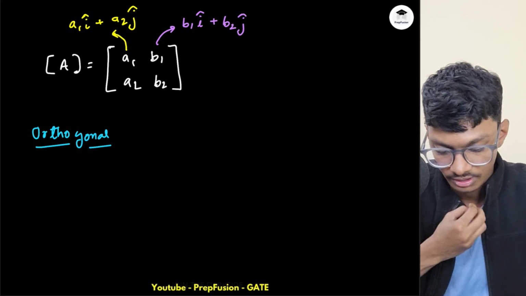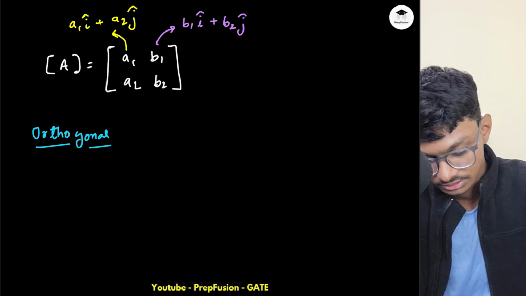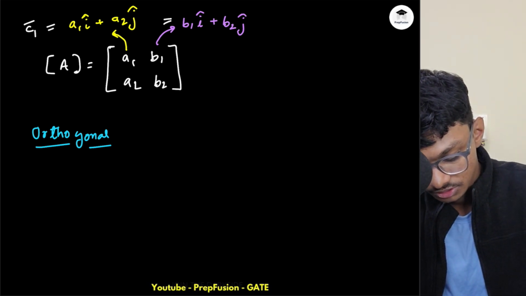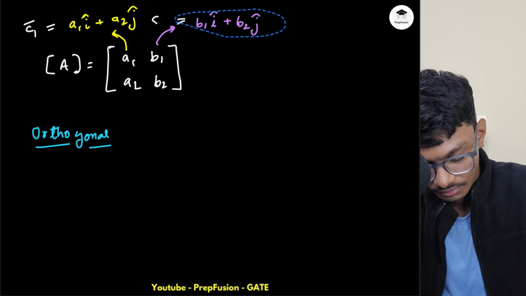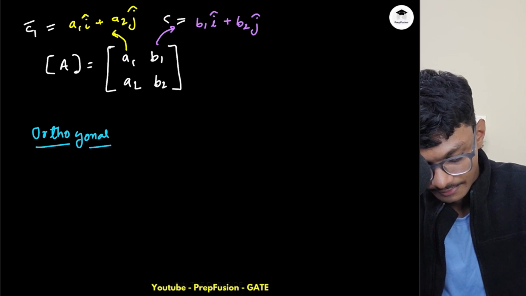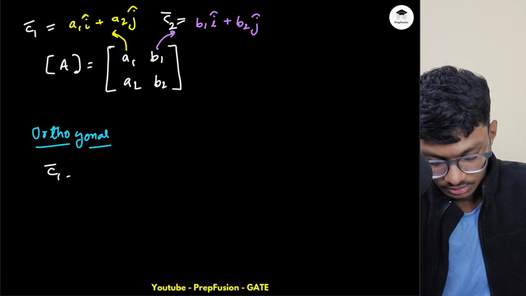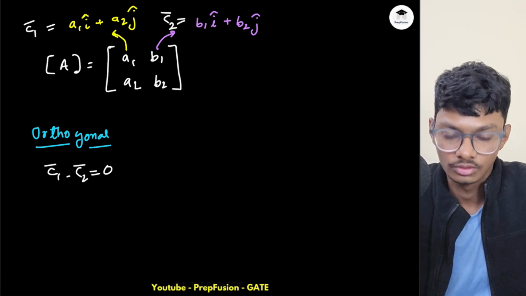For now, try to understand that the dot product of these two vectors, let me name them C1 vector and C2 vector, so C1 dot C2 has to be equal to 0 because they are orthogonal, perpendicular to each other.